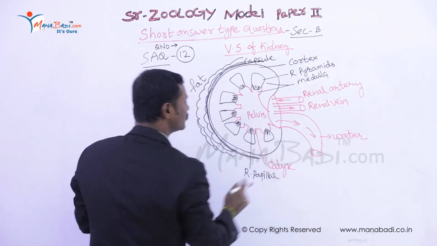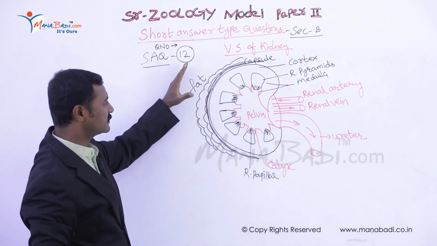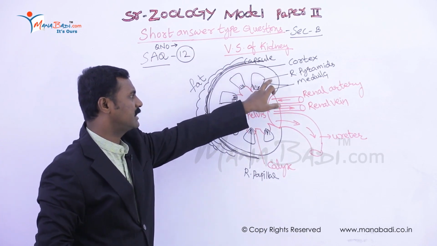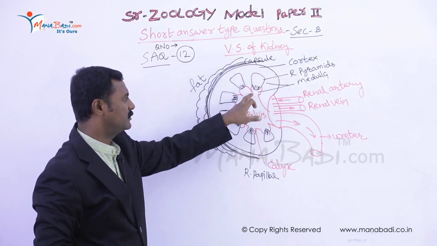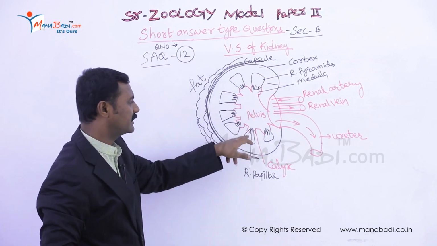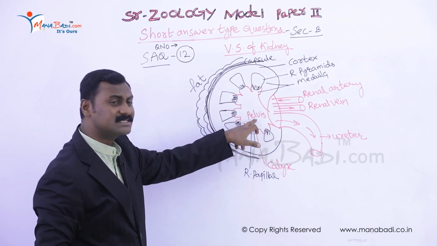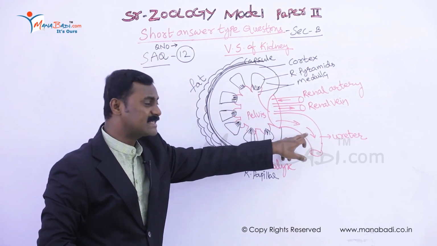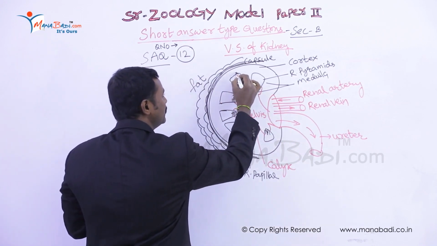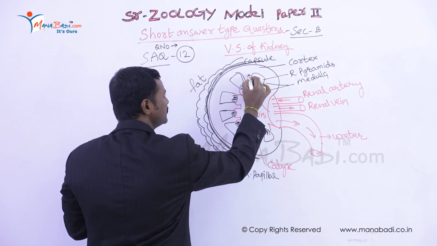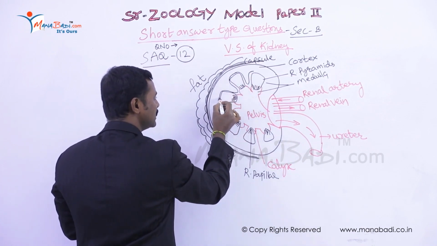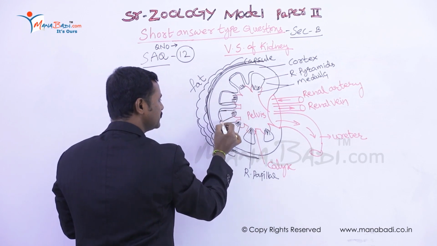So like that you have to mention fat, capsule, cortex, renal pyramid, medulla region, calyx, and also renal papillae. Center part is pelvis. Pelvis extends as ureter. And one more important point is there. Between the pyramids, you observe this. Cortex is invaginated between the pyramids.